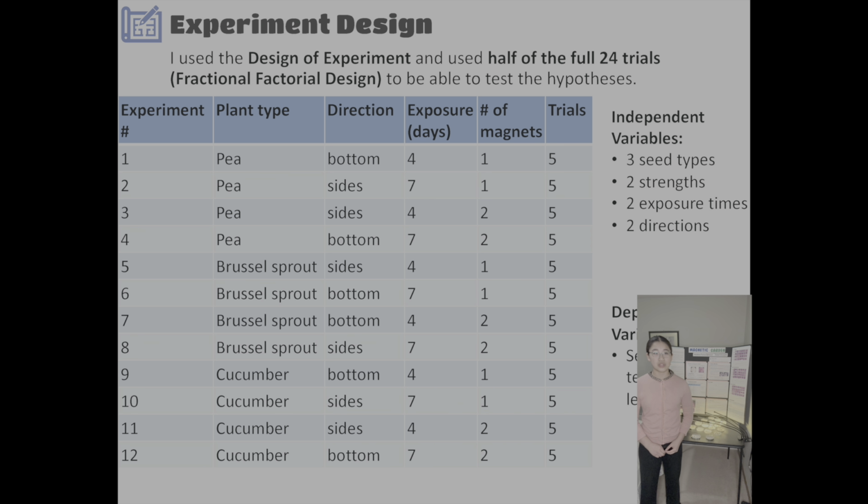So there's 2 magnets on the bottom and 2 on the sides, 2 that have 4 days of exposure time and 2 that have 7, and so on. When I average experiments 1 through 4, all the other variables are balanced out, so I can only test the peas compared to the others.